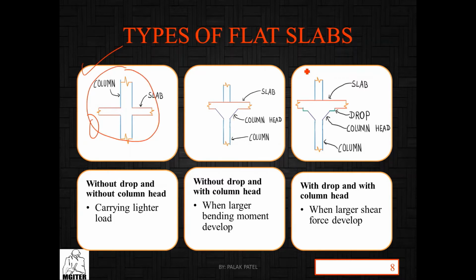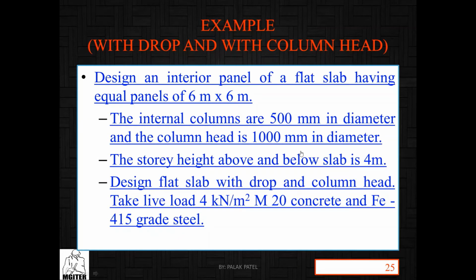In this lecture, we are going to learn the with drop and with column head flat slab design. So first, an example with drop and with column head. We are going to learn this in the word file.